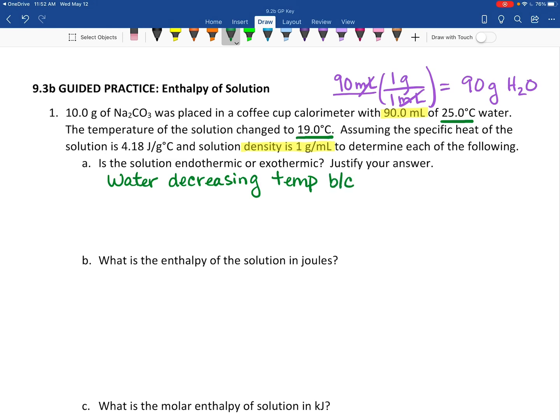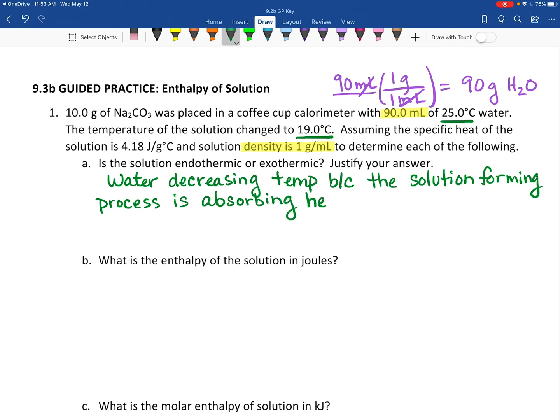So I can say because the solution forming process is absorbing heat from the water.